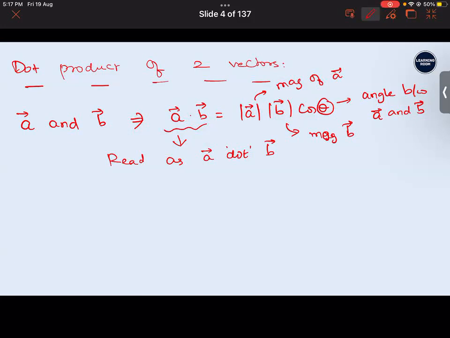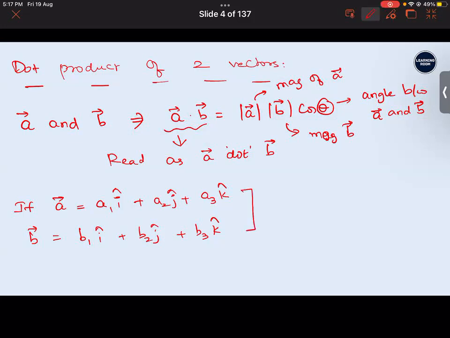Now if A vector is written as A1 i cap plus A2 j cap plus A3 k cap, and B vector is written as B1 i cap plus B2 j cap plus B3 k cap, for example, these are the two ways in which the two vectors are represented.